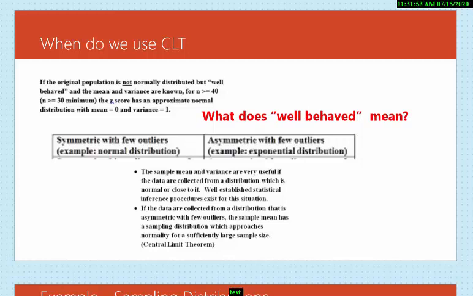But the truth is that if you have outliers, everything changes. So for our class, for the rest of the problems that we will be solving together, we will focus on examples that have few outliers. This means that the central limit theorem will be applied and we will get a normally distributed sampling distribution if the size of the sample is greater than 30.